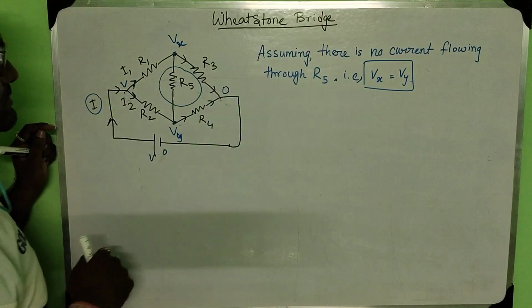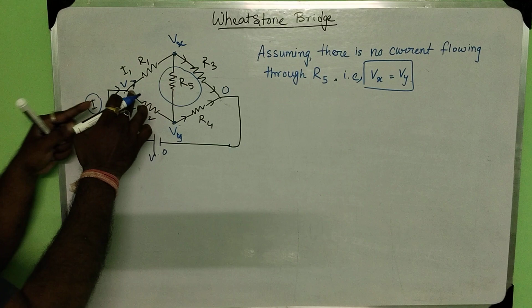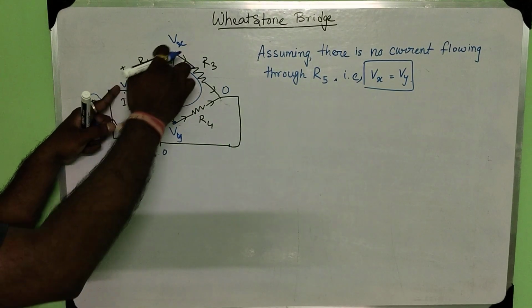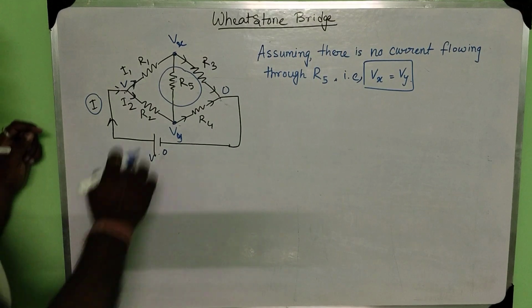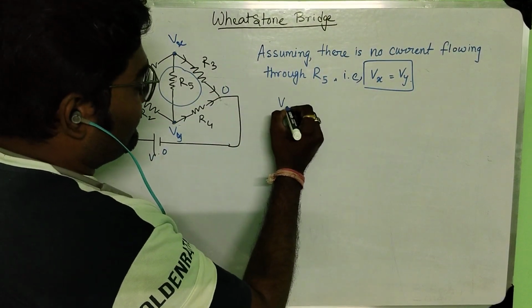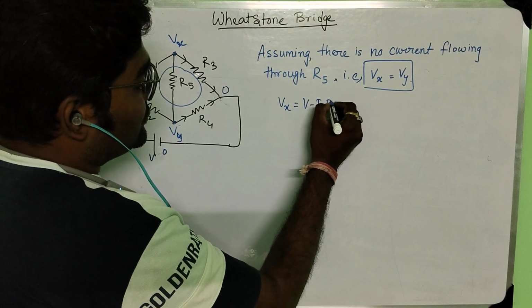Now I can say V minus Vx is equal to I1 into R1. That means what we have proved is that Vx equals V minus I1 into R1.